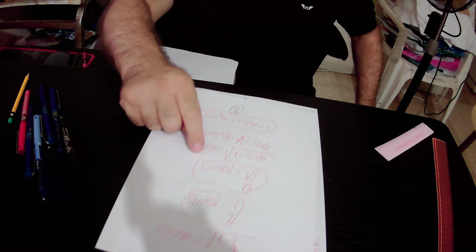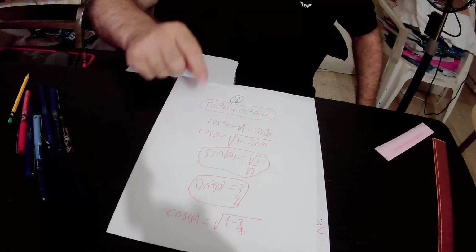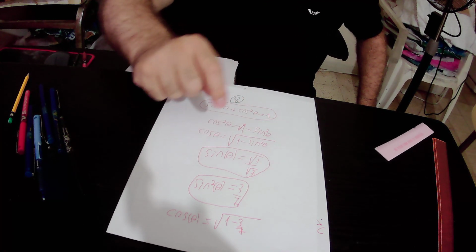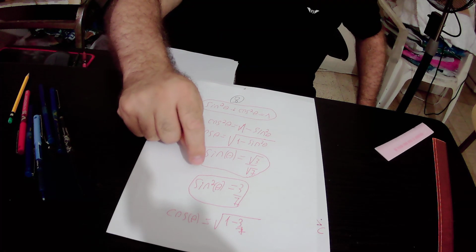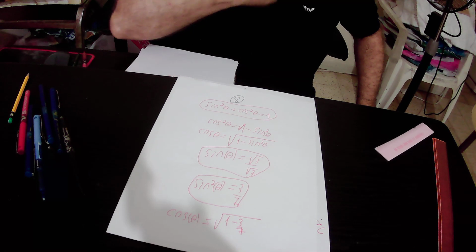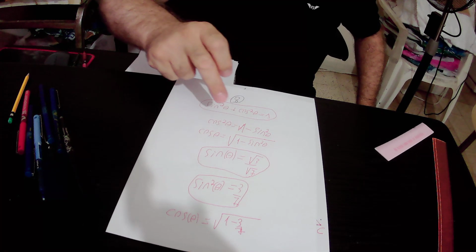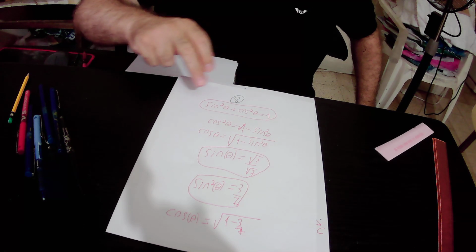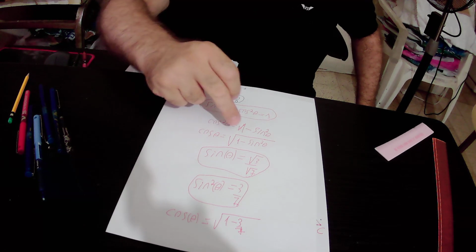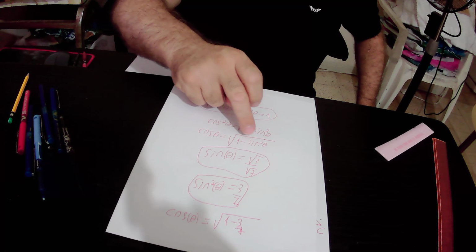But we have already found that sine theta is root 3 over root 7, so sine theta squared equals 3 over 7. We can substitute sine theta squared in this equality by 3 over 7.